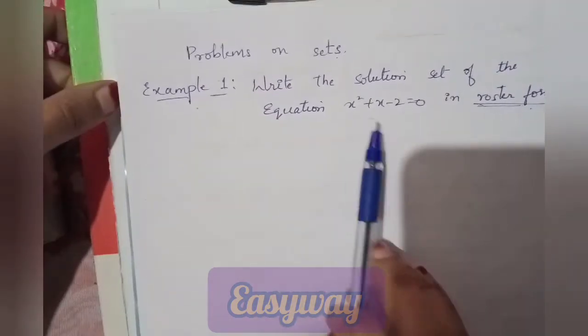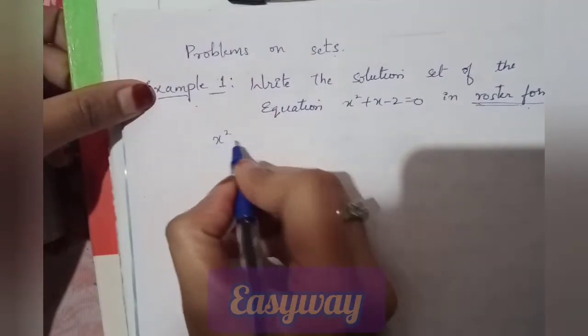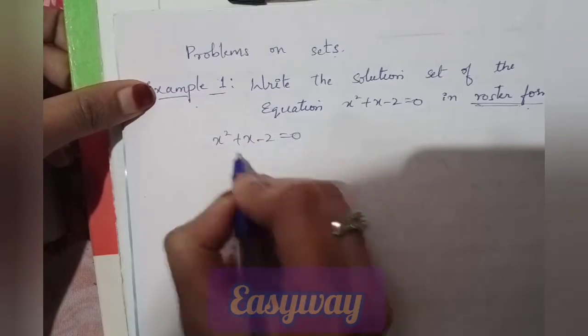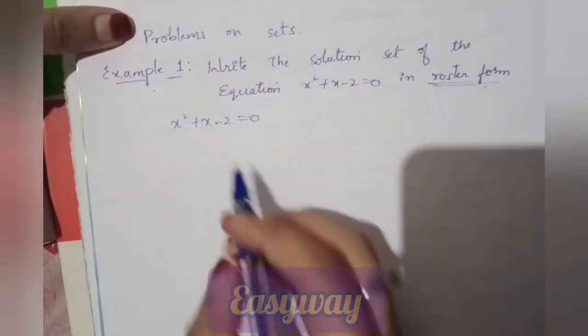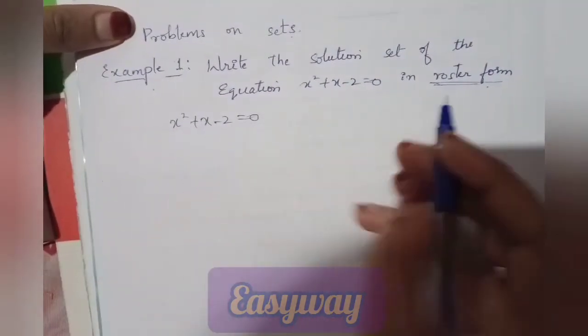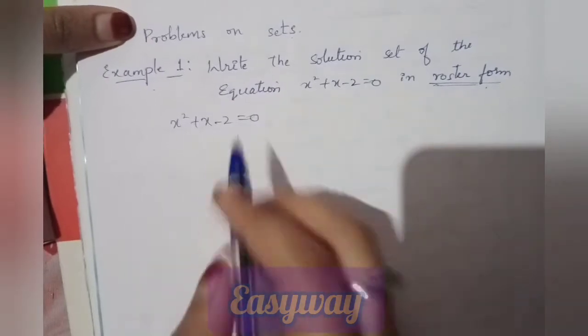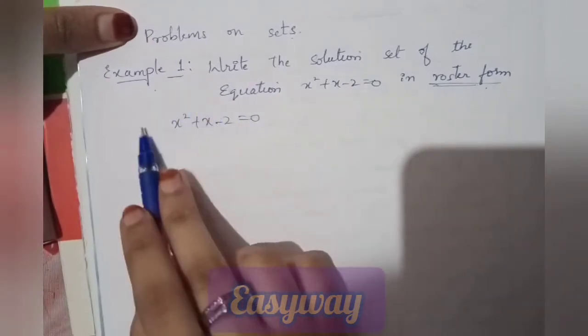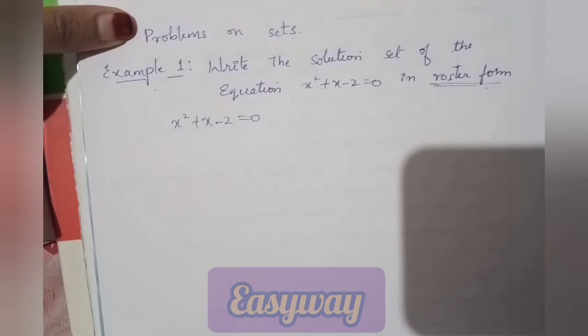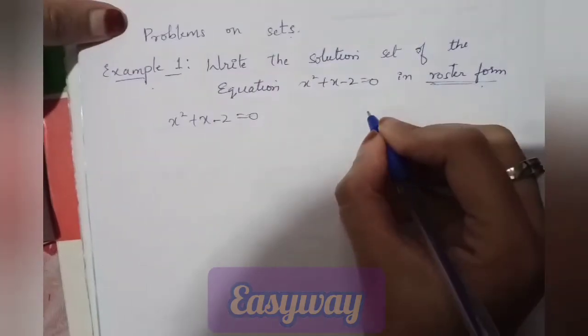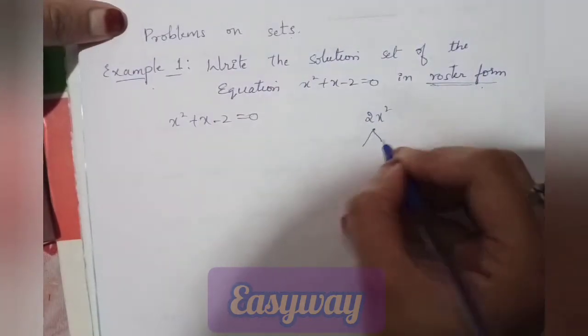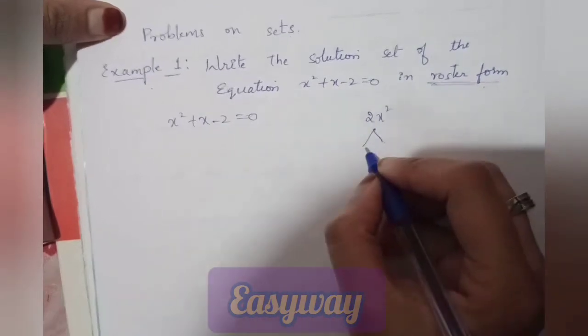Now first we have to find the values of x from this equation. You are very familiar with factorization, so let us do factorization for this equation. That is 2x square. We have to split it.